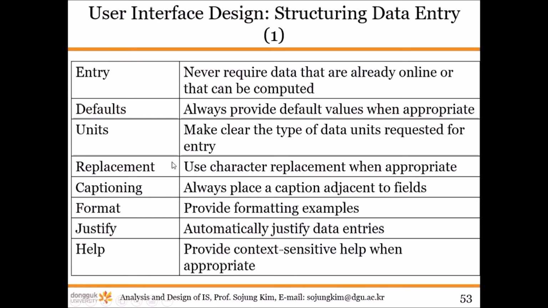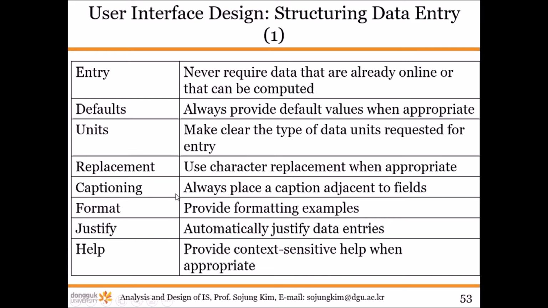All right, so when you are structuring the data, you can consider these things. Entry: never require data that are already online or that can be computed. Default: always provide default value when appropriate so that users can have a basic idea about the input. Unit: make clear the type of data unit requested for entry. Replacement: use a character replacement when appropriate.